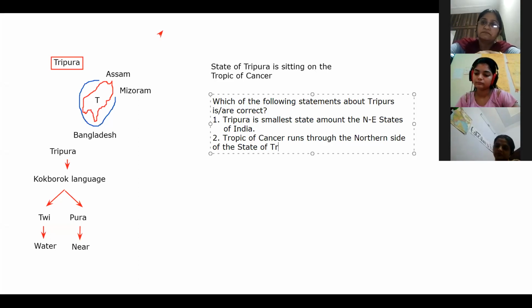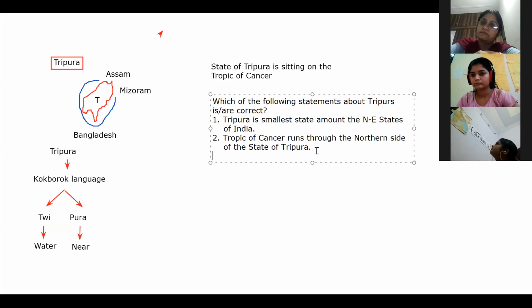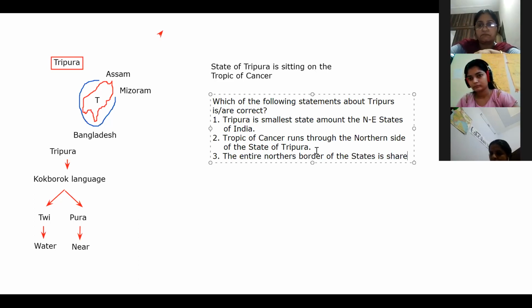And third is that the entire northern border of the state is shared with Assam.